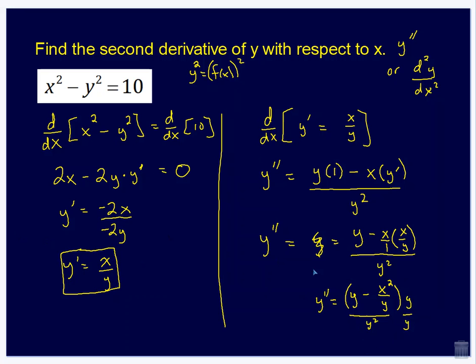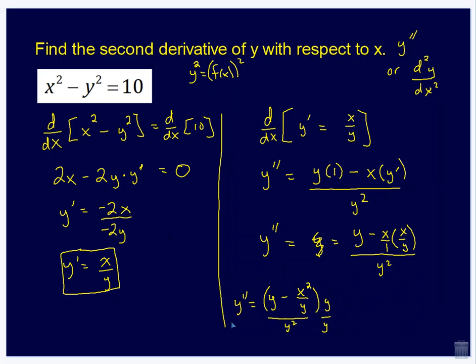And let's multiply out. So I have y squared minus, and over here we can cancel the y's, so it'll be x squared over y cubed. It'd be perfectly fine to leave this as your answer. y double prime equals y squared minus x squared over y cubed.